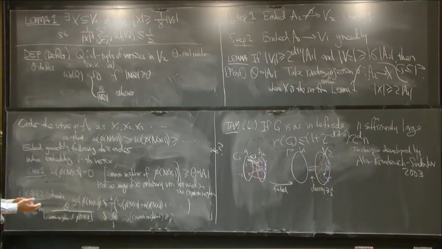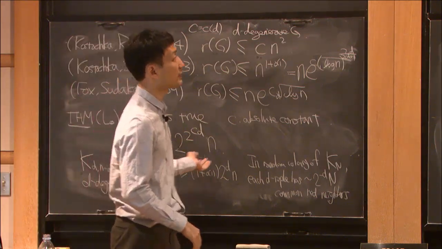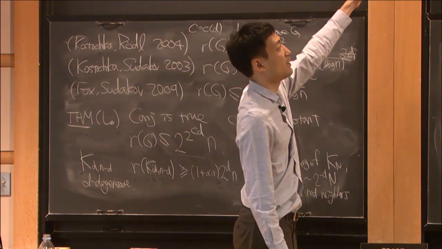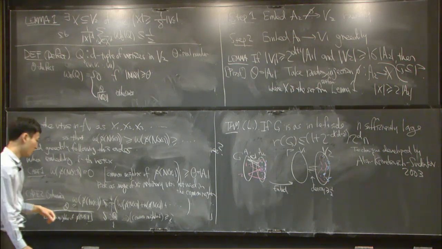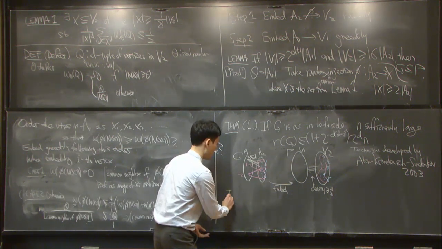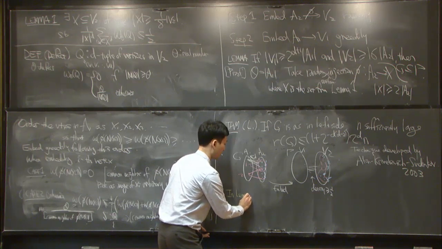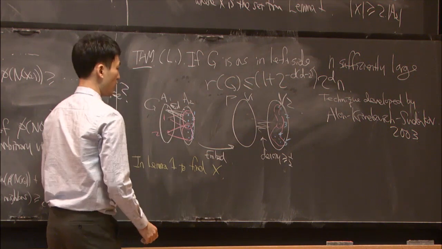As I said, another ingredient that I use to get to the whole proof is a framework developed by Kostochka and Sudakov to get the whole thing. And if you want to prove the lemma, it's called dependent random choice. If you want to go back and check, how you find your set X is in lemma 1. To find X, do the following.